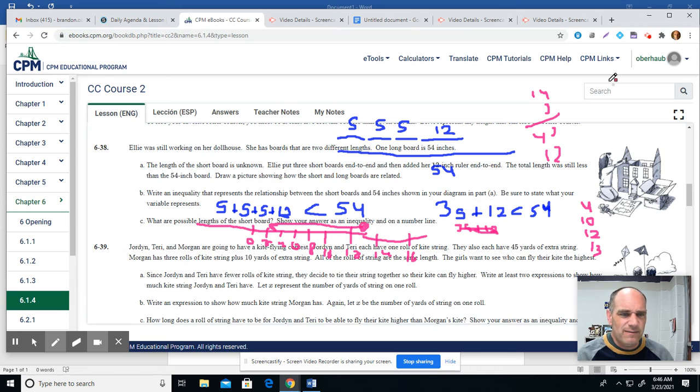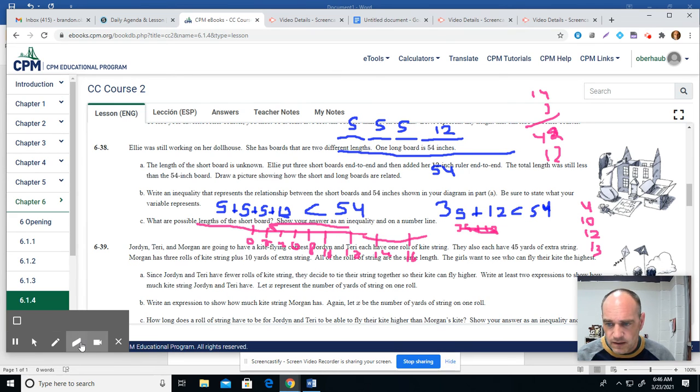For some reason, I feel like 14 should have worked. Let me check my math again on 14. 14 times 3 is 42. And 12. Oh, I thought that was a 3. That was my problem. So that would give me 54. So that does work. So you know what I need to do? I need to actually back this up, and 14 is my boundary.